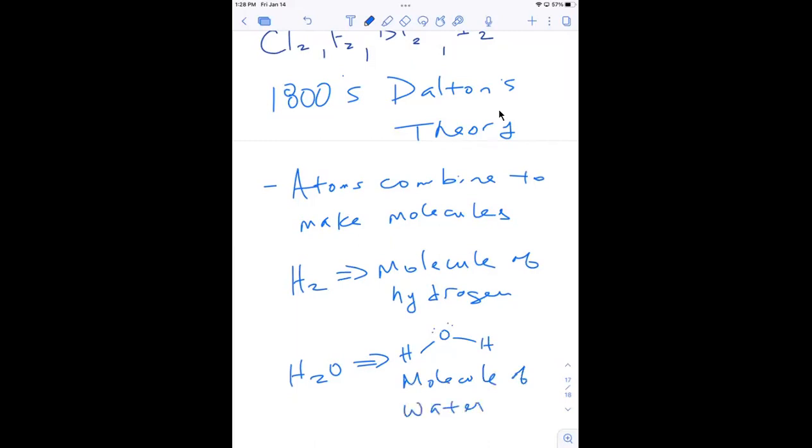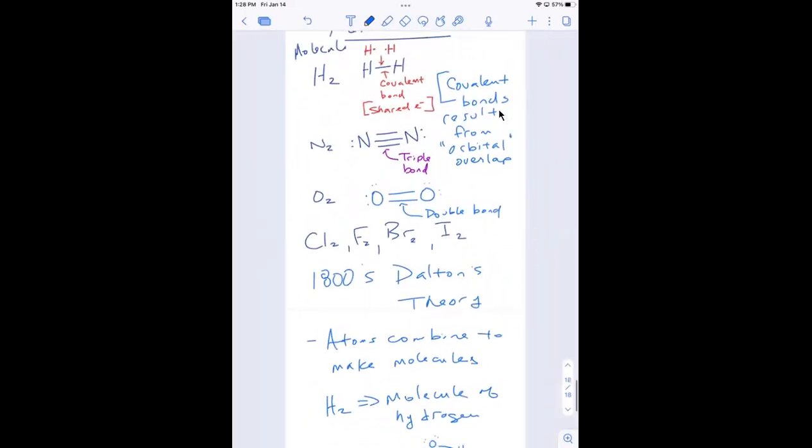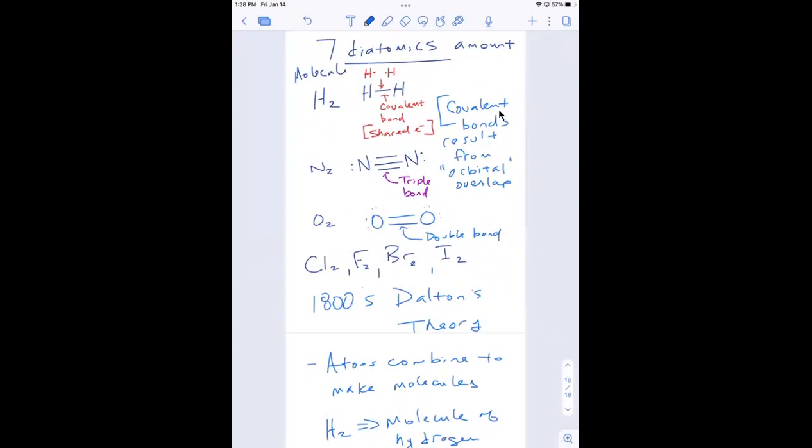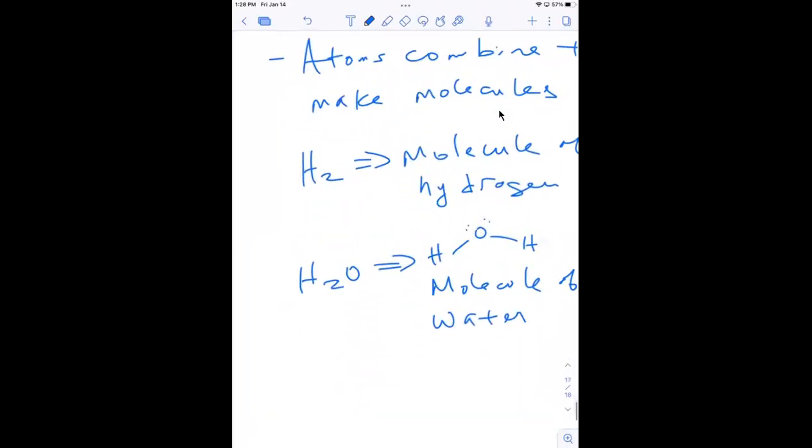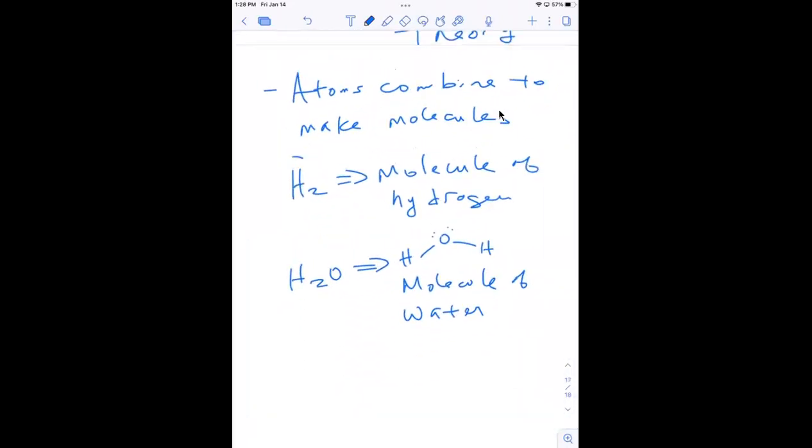So atoms combine to make molecules. Atoms themselves are not necessarily molecular. They are the building blocks for elements, but some atoms do exist in molecular form, like hydrogen, nitrogen, and oxygen. Notice that this is a molecule of hydrogen. It's two of the same atoms. This is a molecule of water, and there are two different atoms that make that up.